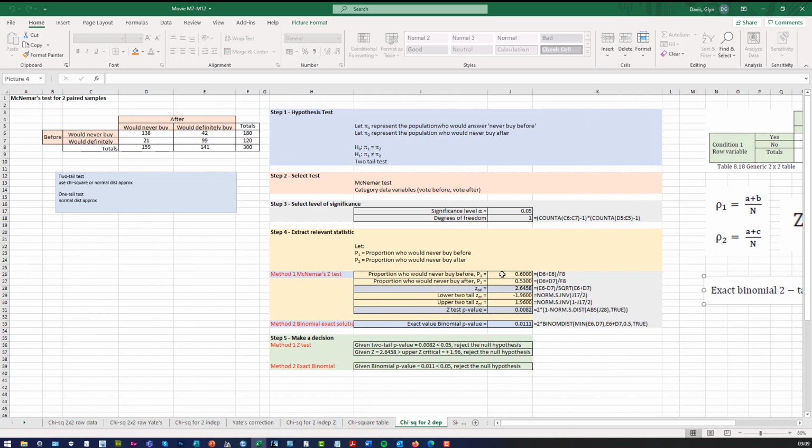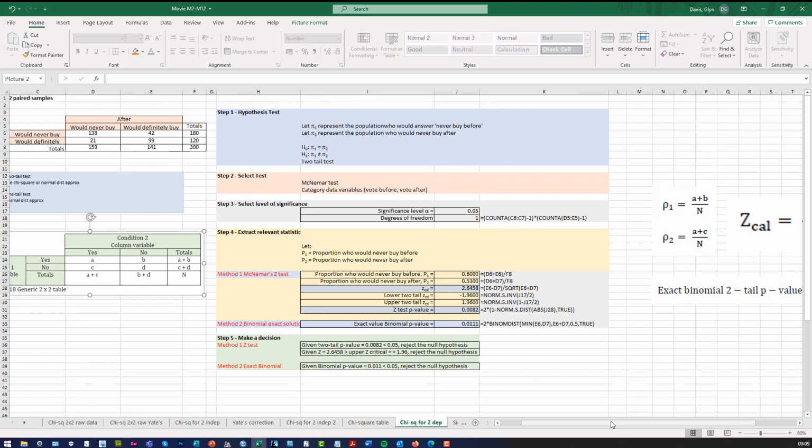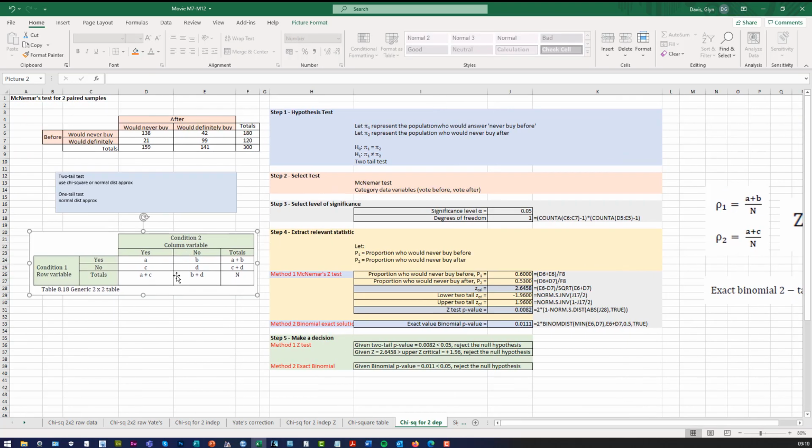Okay, so we look at the McNemar Z test first. P1 would be D6 plus E6 all divided through by F8, which comes out as 0.6. We're using these equations here, remember, comparing this with the general equation there. I just dragged that down there for you so you can see it better.